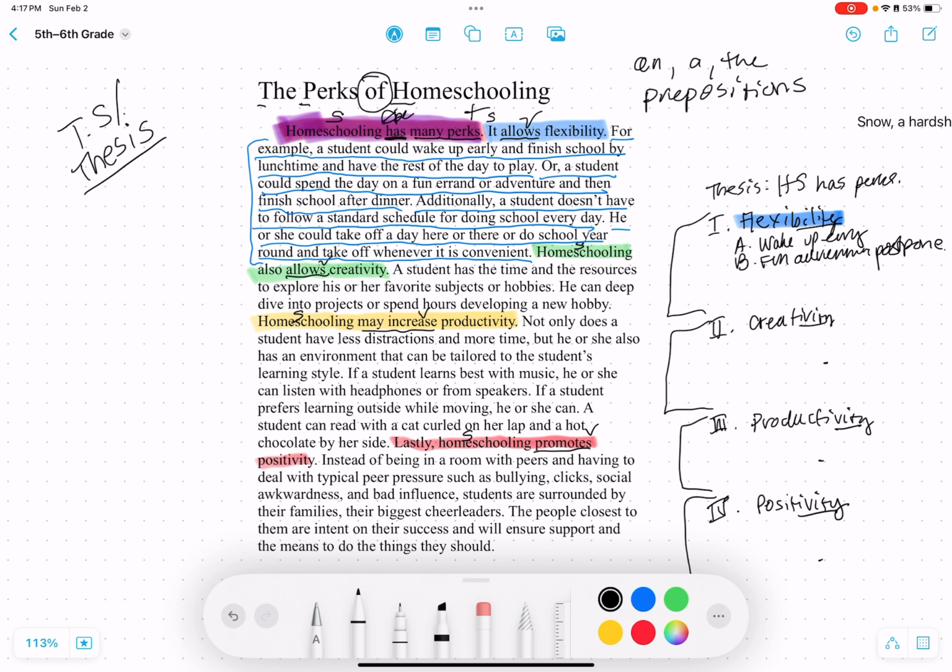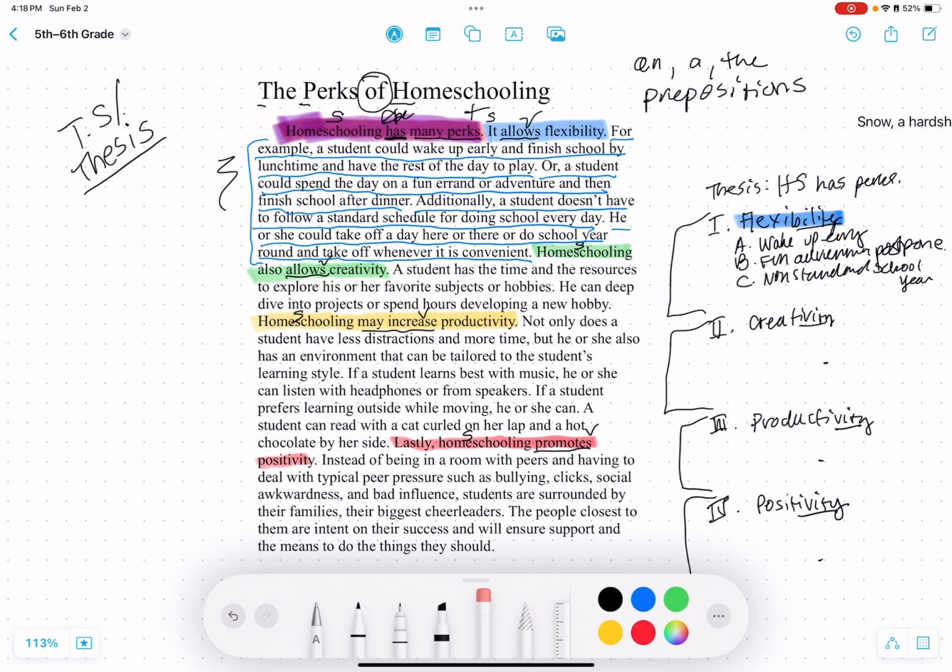Now again, I would encourage you to do complete sentences. I'm just doing abbreviated. Or standard school year. This certainly could be written a little more clearly over here, but we're not editing it right now. We're just getting our outline, our organization down. Okay, so we got our points there, and those are all illustrated up here.